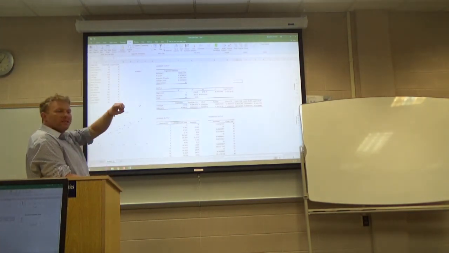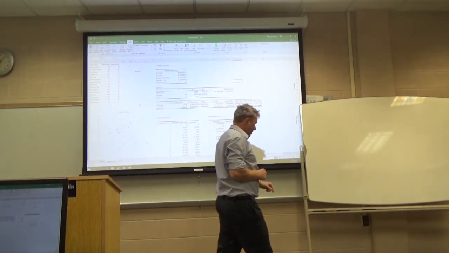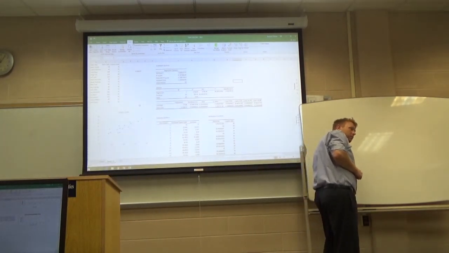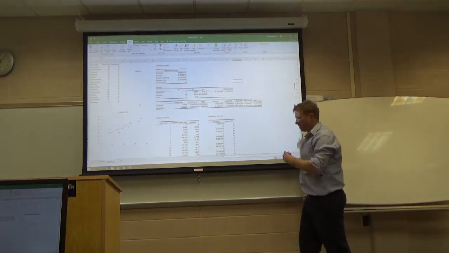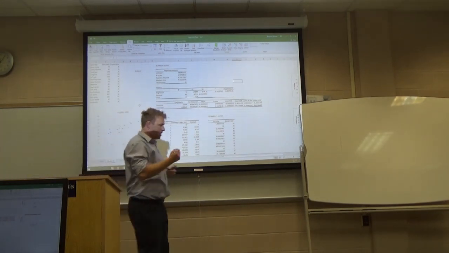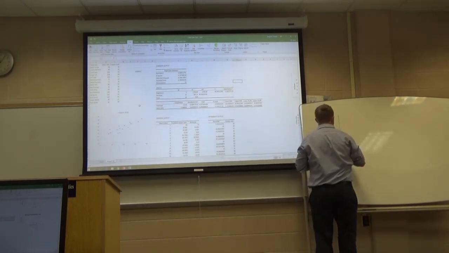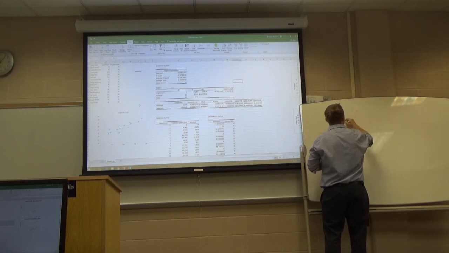Standard error, what is that again? Remember doing this? That's the spread around that line, isn't it? We got the line, but we got our dots in there, don't we?